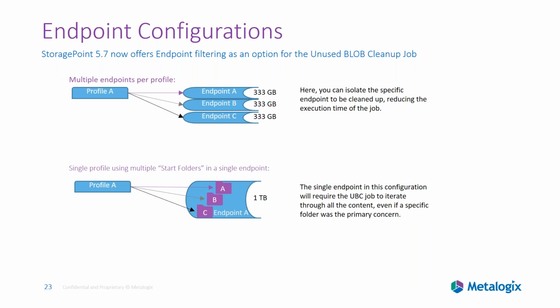An endpoint filter in the first example would eliminate over 66% of the content the job would need to sift through in order to identify content needing to be deleted. For example, in the second, the single endpoint designation would prevent the ability to leverage the endpoint filter and require the job to iterate through all of the profile's content. Hopefully that makes a little bit of sense to everyone.